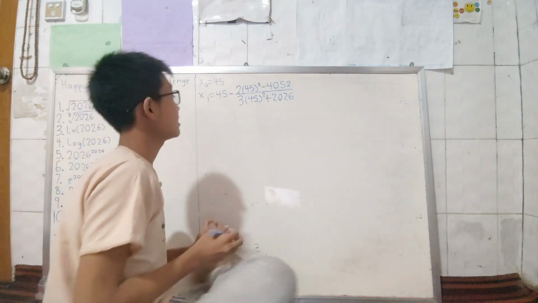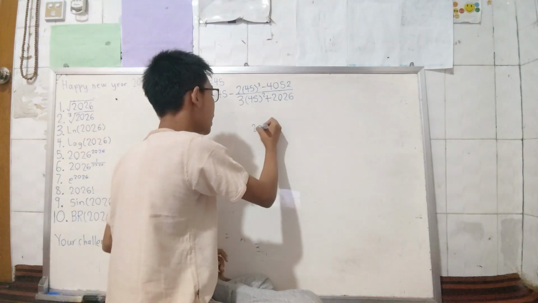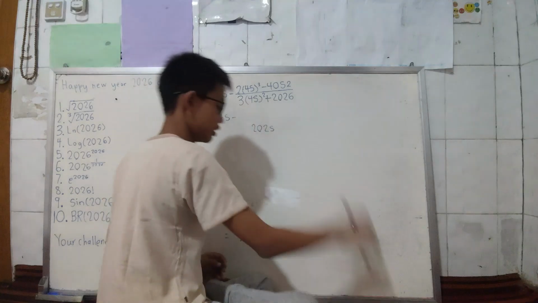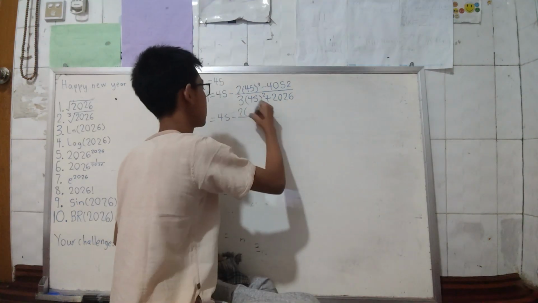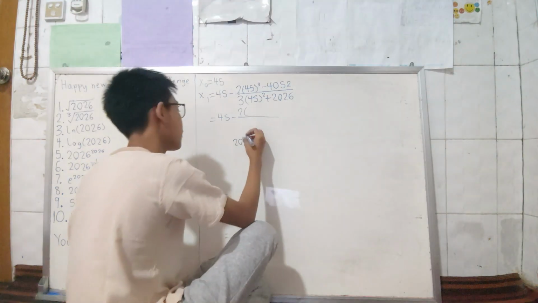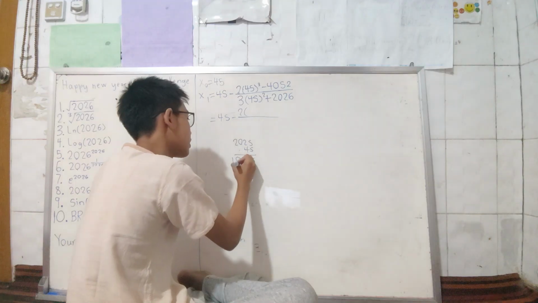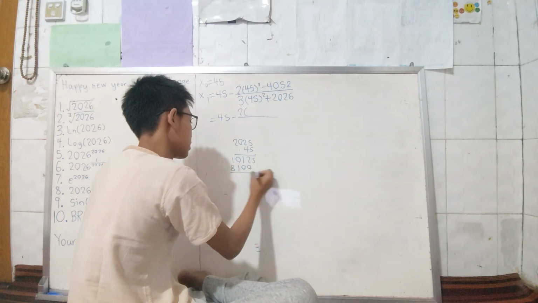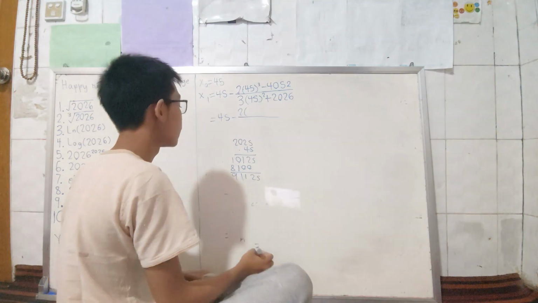45 squared is just 2025. So 2 times 2025 times 45 is going to be 91125.